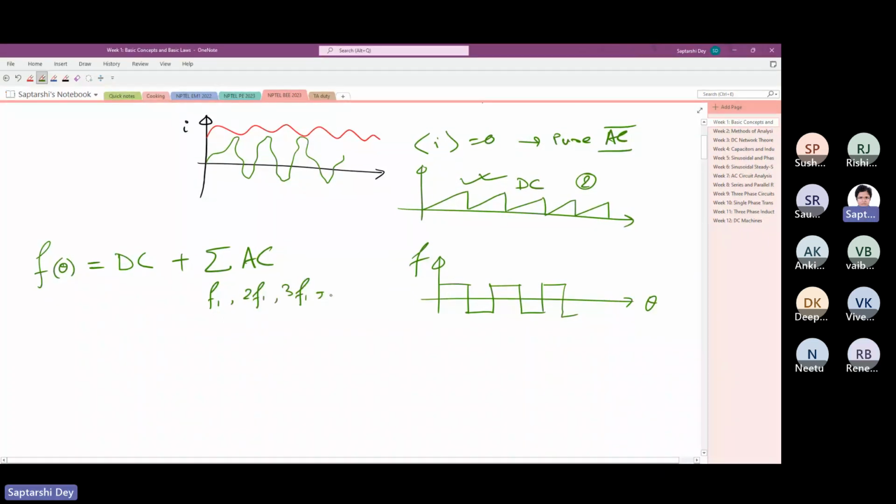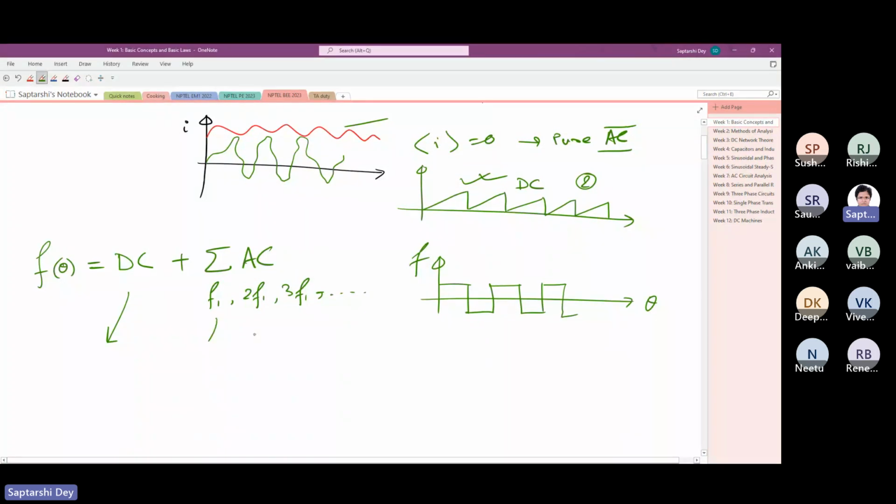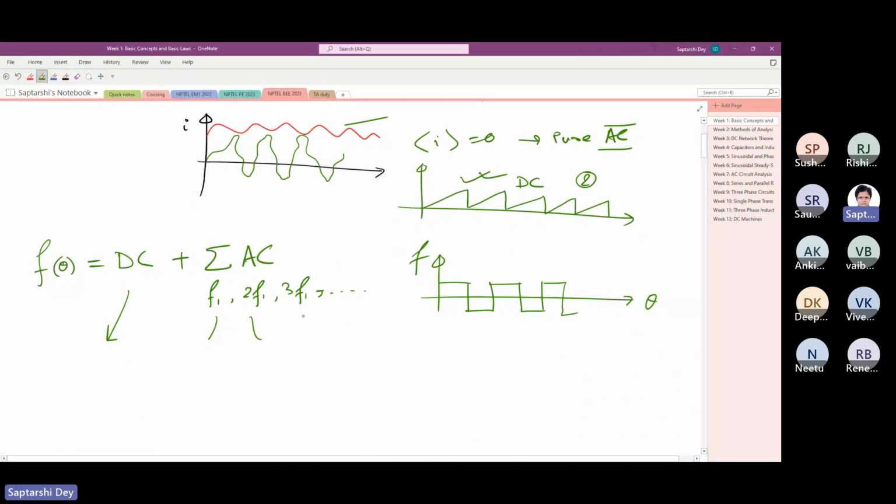So you can split this red waveform into a DC component and several AC components. It contains AC components inside it, that is for sure.